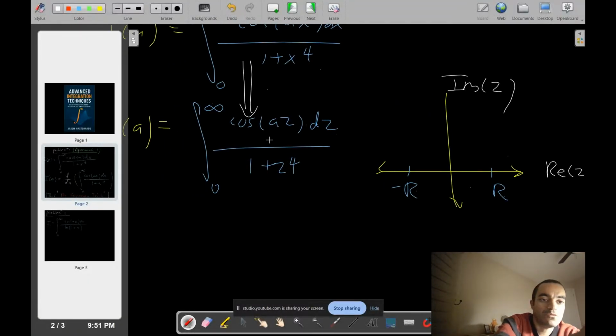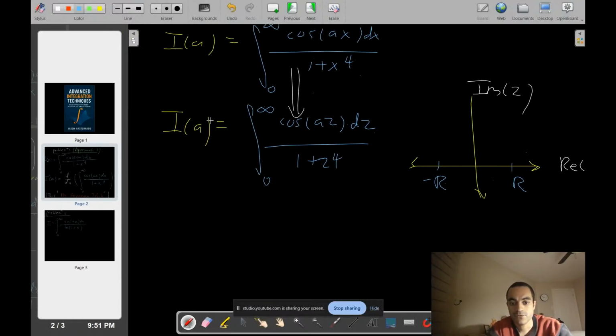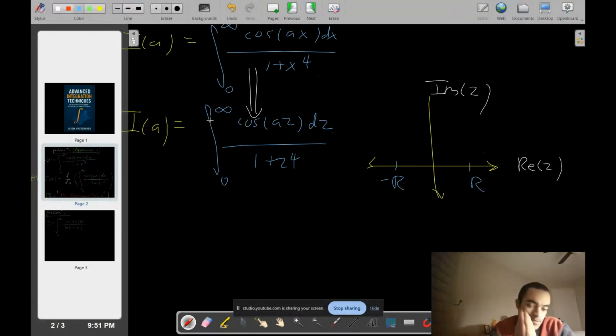Since we're choosing an upper semicircle, you have to be able to know what type of contour to choose. Depending on what it is, you want to choose an upper semicircle, a lower semicircle, a rectangle, or some sort of keyhole shape for evaluating your contour.